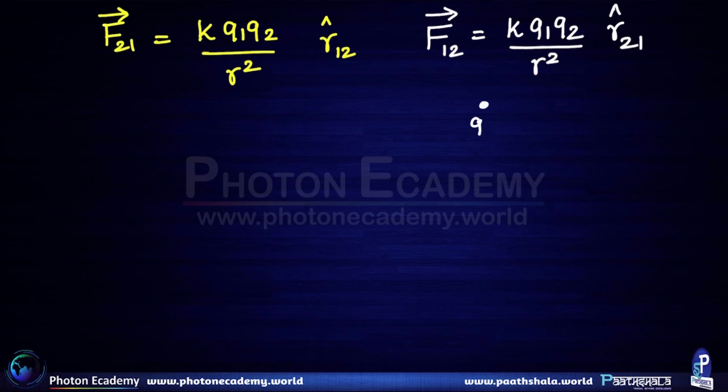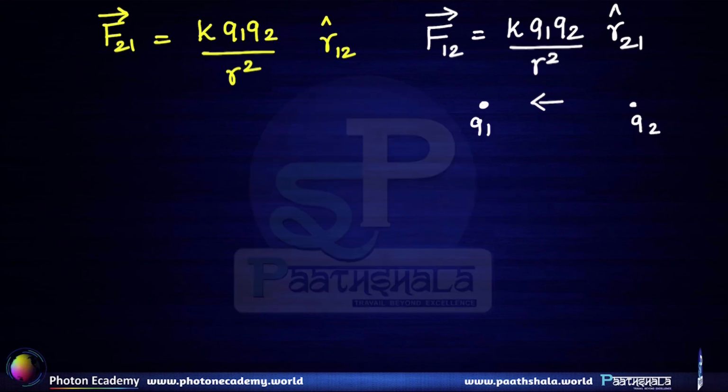So this is the charge q1, this is the charge q2. R cap 21 is a unit vector that points from q2 to q1, whereas r cap 12 is a unit vector that points from q1 to q2. So this is how we vectorially represent the force.